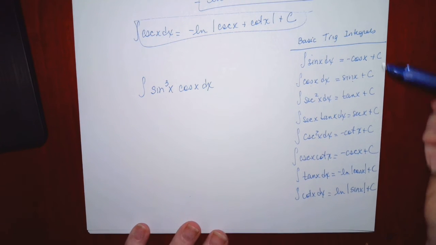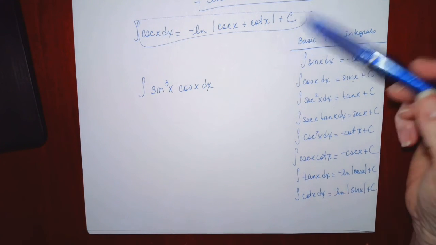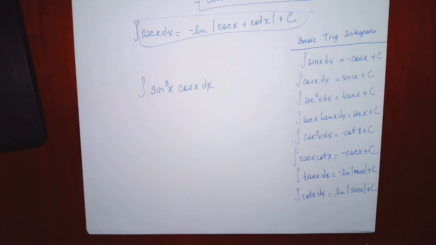So these are our basic trig integrals that we had on that list, a list of things that we should know how to integrate. This doesn't fit anywhere on there. If it's not one of my basics or a sum or difference of some of my basics, the next thing I ask myself is, can I use u substitution? Could we use a u substitution on this one?